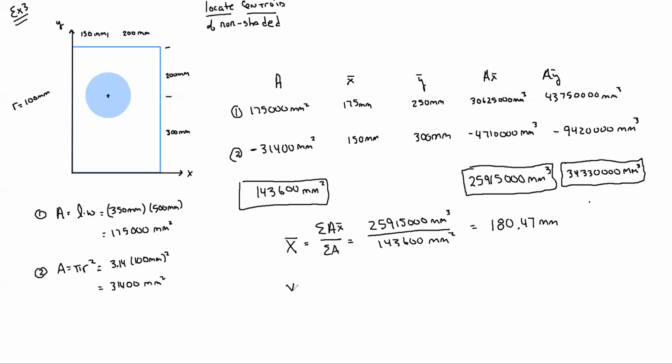Then y bar is the summation of A times little y bar divided by the summation of area. That was 34,330,000 cubic millimeters divided by 143,600 square millimeters, and we get 239.07 millimeters.